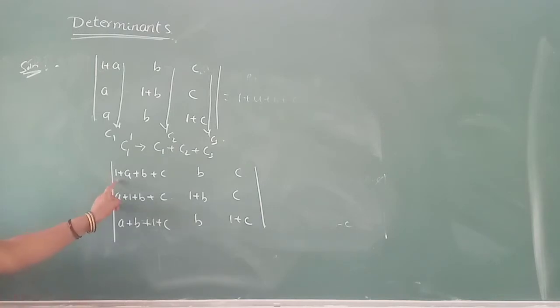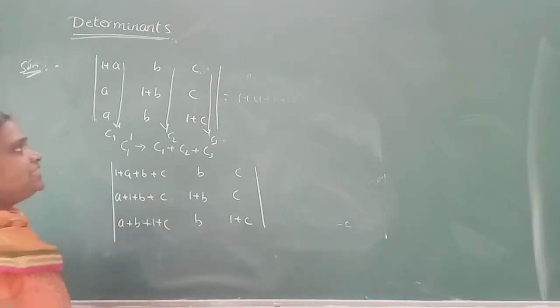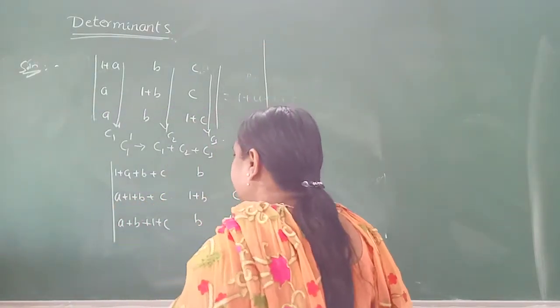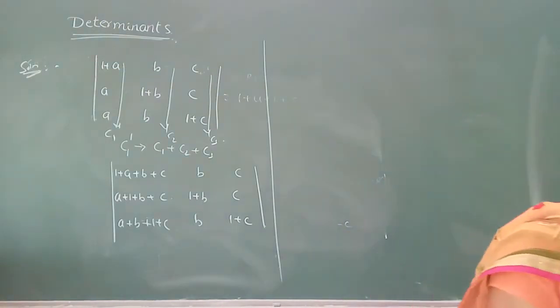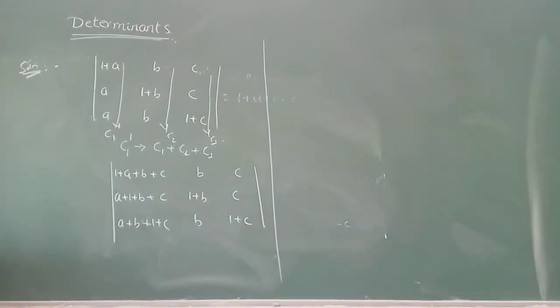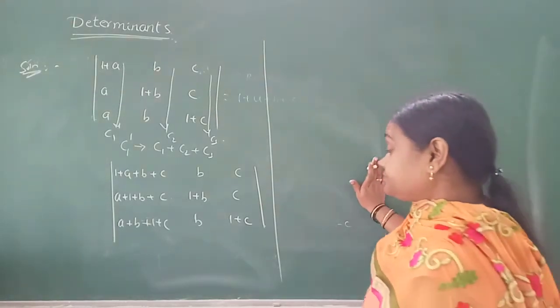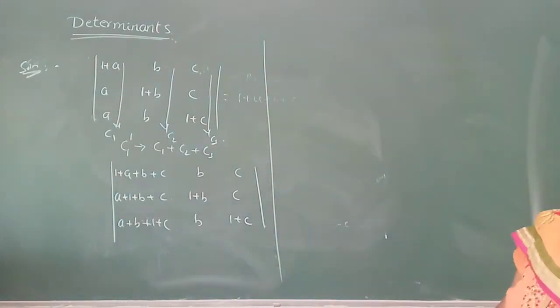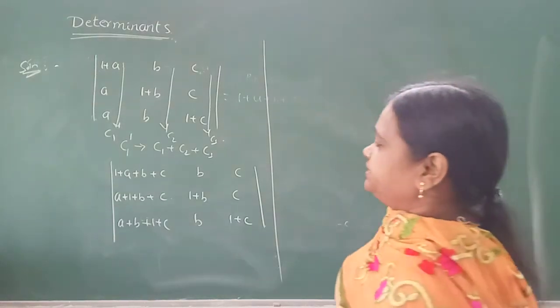See, this is 1 plus a plus b plus c. This is also 1 plus a plus b plus c, and this is also 1 plus a plus b plus c. Using the property, if in any row or column of a determinant all elements are similar, then we can take it outside.